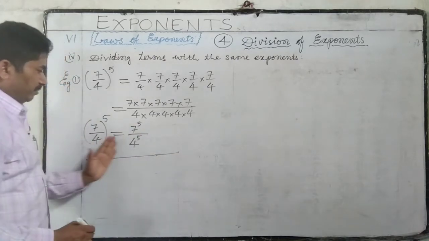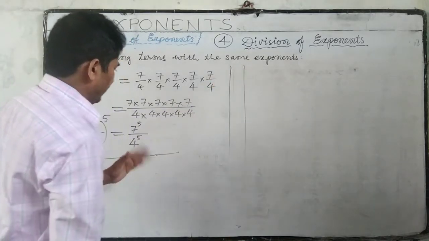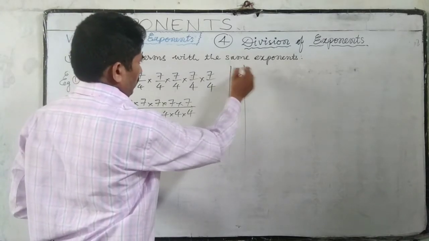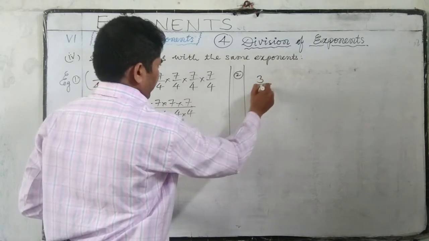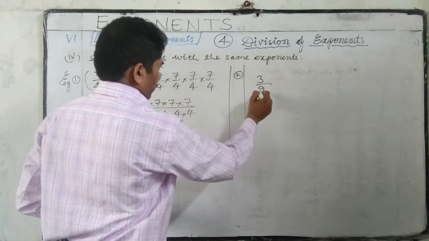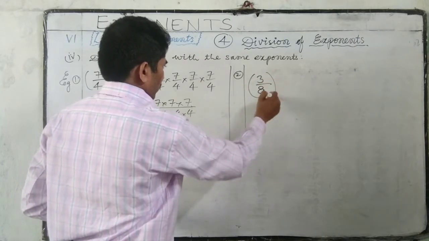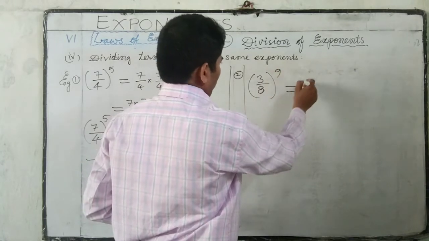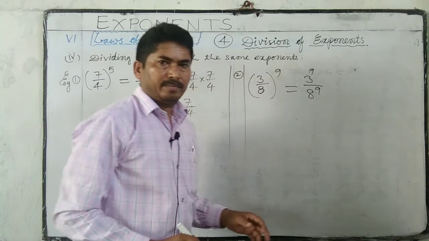By observing this, we can write one more example directly: 3 by 8 all to the power of 9 is equal to 3 to the power of 9 by 8 to the power of 9.